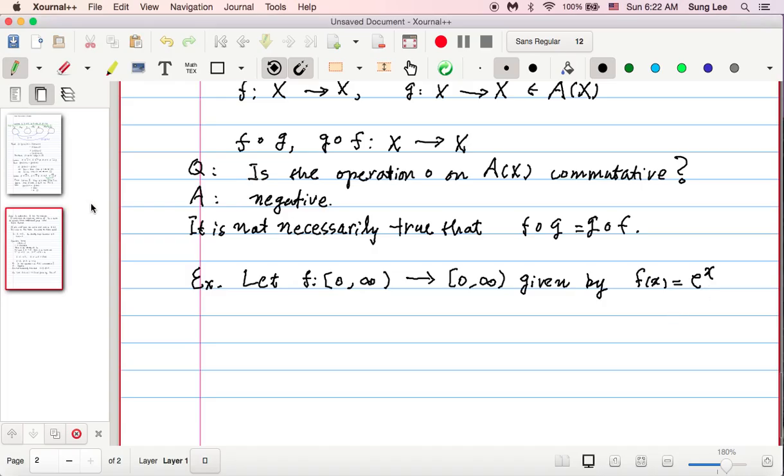Well-known function, right? And g is also a function from 0 to infinity to the same interval given by g of x equals square root of x.